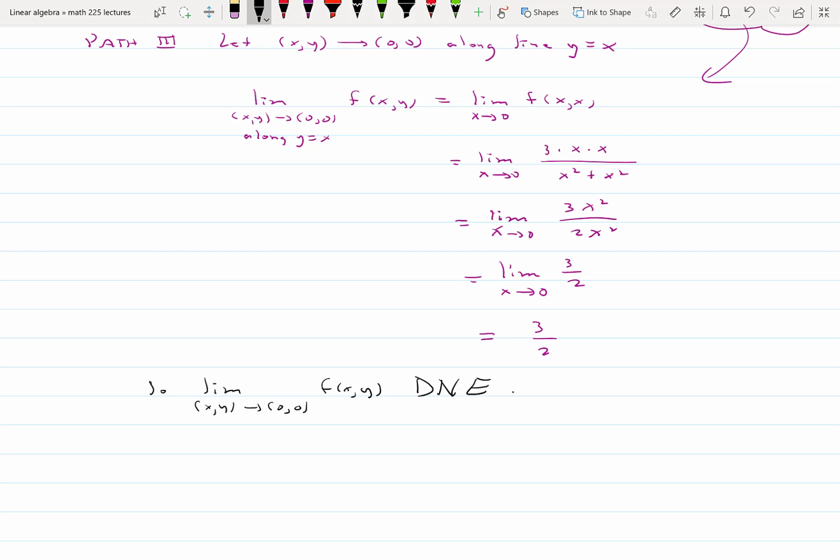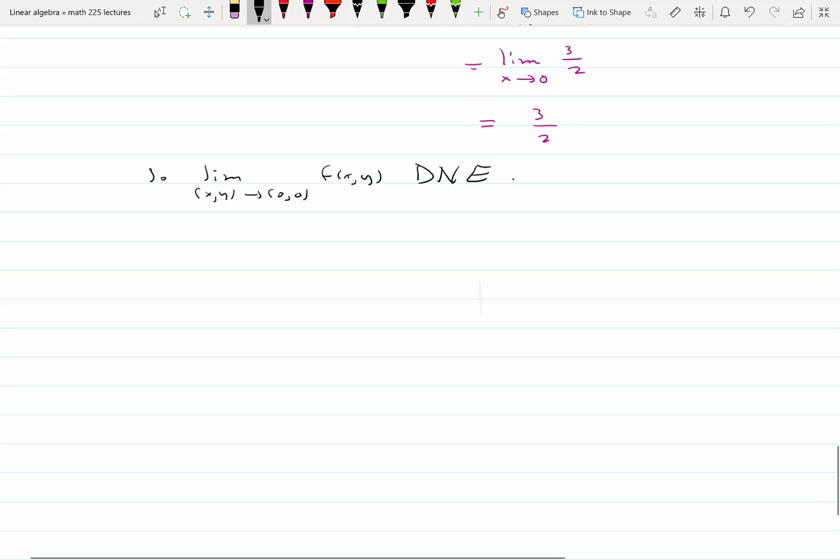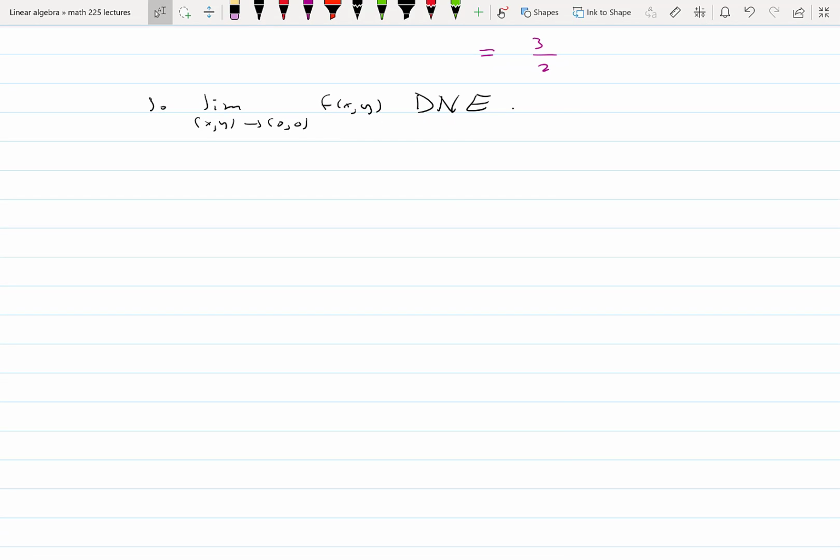Alrighty, let's take a look at another example. This is an example that went fairly well. Sometimes when you evaluate the limit along the line y equals x, you still get the same limit, and we have to go further. So let's take a look at a case where we will have to do a bit more.